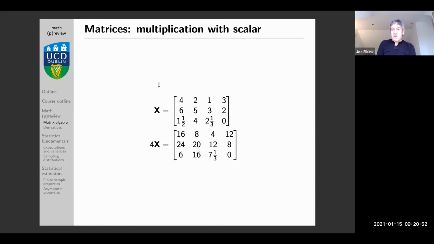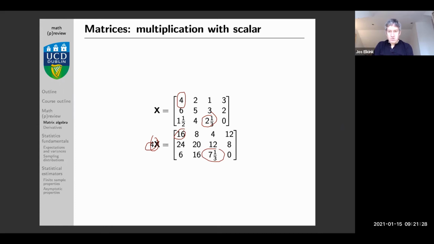Just like with vectors, we could multiply vectors with a scalar, and we said that we then just multiply each element with the scalar, and we get a vector of the same size. The same is true for matrices. If I have a 3 by 4 matrix, and I multiply that with a number, then I get another 3 by 4 matrix, and each element is that original element multiplied by 4. So 4 times 4 is 16. 2 1/3 multiplied by 4 is 7 1/3, and so forth.